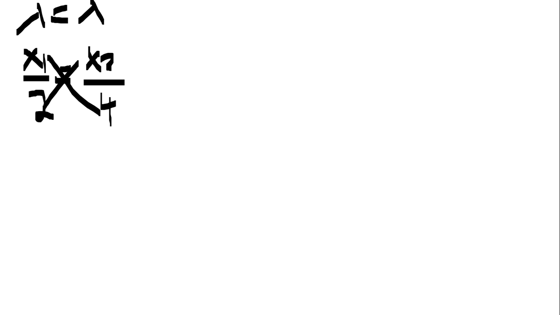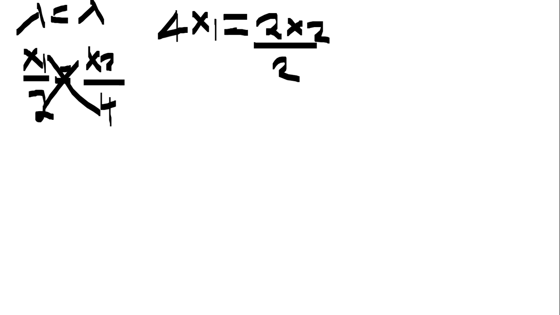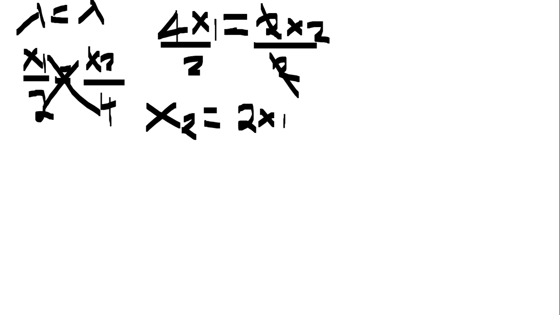We say x1 times 4, which gives us 4x1, is equal to 2 times x2, which is 2x2. Let's divide both sides by 2 so that we make x2 the subject. 2 into 4 is 2, so wherever there is x2, we are going to put 2x1.